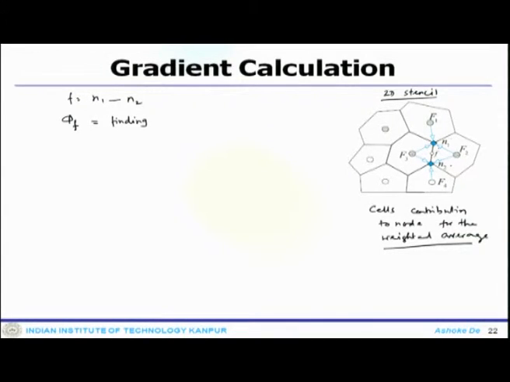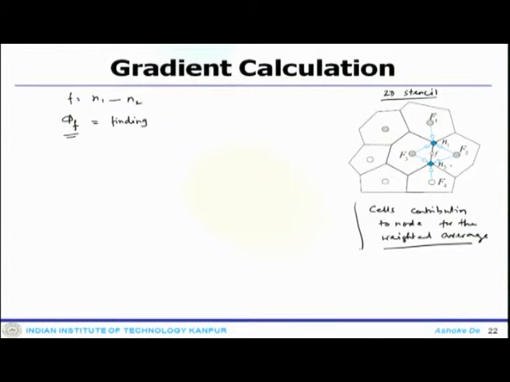Now here, while you are trying to calculate this surface flux, you need information at the nodal point. So the properties at a vertex node are calculated using a weighted average. Now how do we take the weighted average? We use some sort of inverse distance function to calculate this kind of weighted average.